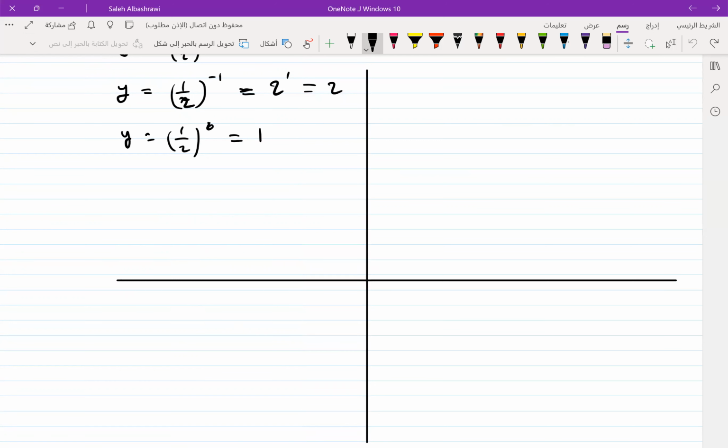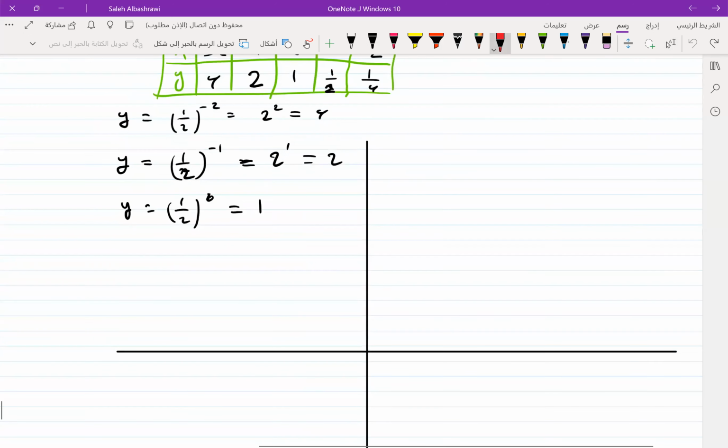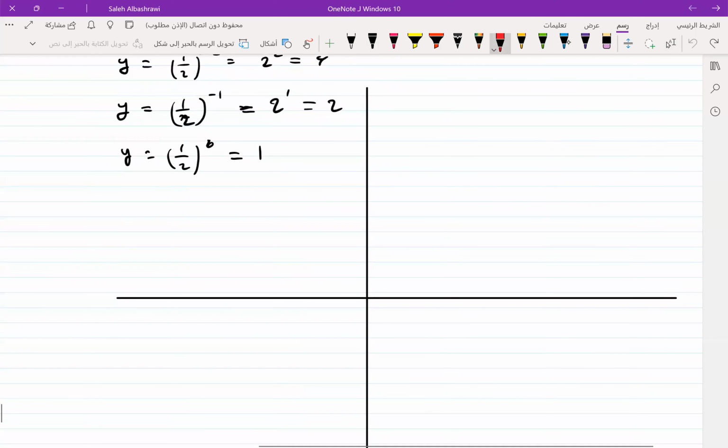First point was -2 and 4. If this is -1, -2, this is 1, 2, 3, and 4. This is 1, 2, and 3. This is 0. So -2 and 4 will be this point.